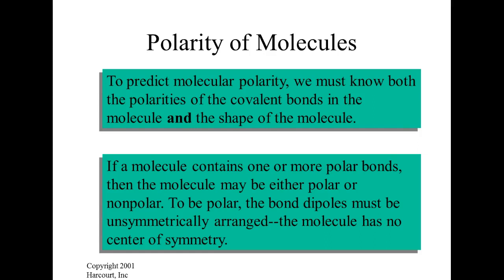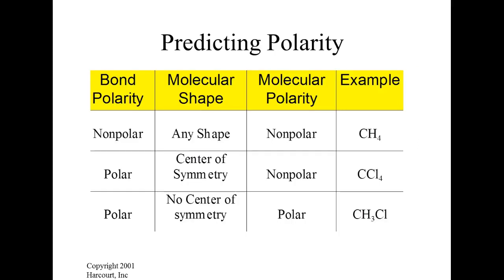So here's a little chart telling you about the bonds within the molecule, the shape of the molecule, and the polarity. If you have non-polar bonds, the molecule is non-polar. An example would be methane.